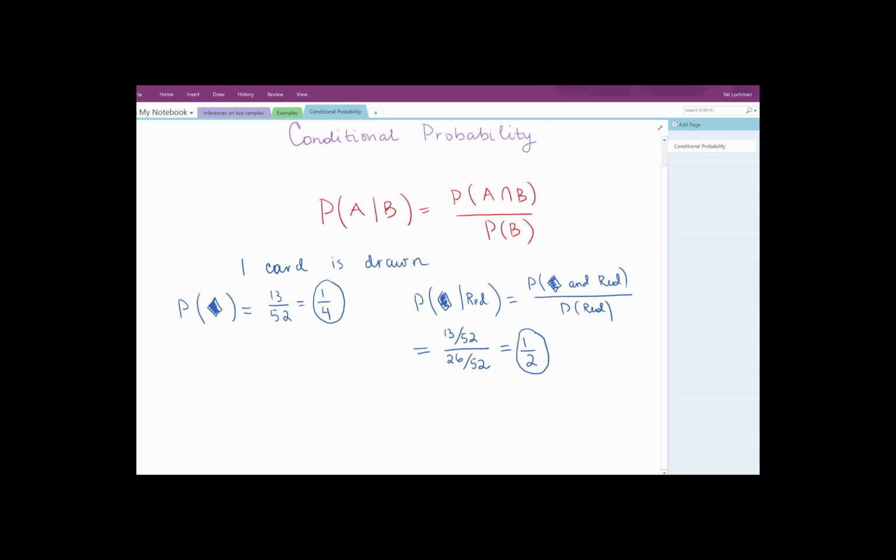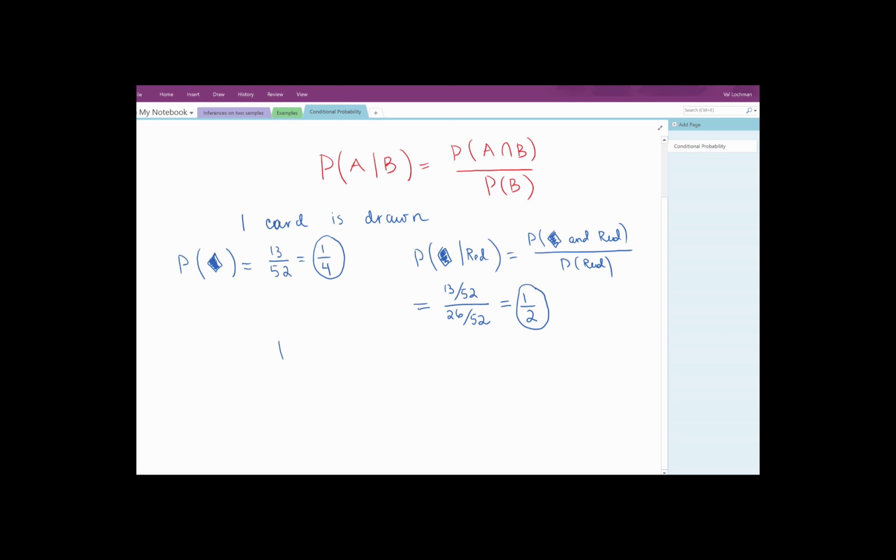Now what if I ask you the following? What is the probability that the card is diamonds, given that it's black? Your intuition should say, well, that can't happen, so the probability should be 0, and that's the right answer. What's the probability that I have diamonds and black? How many cards are there that satisfy this? None, right?